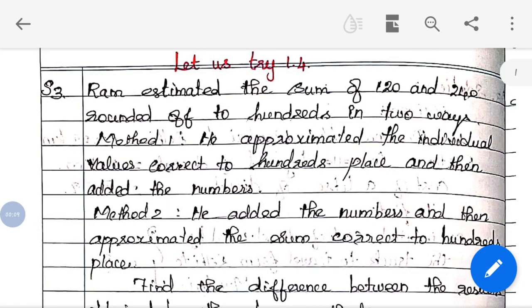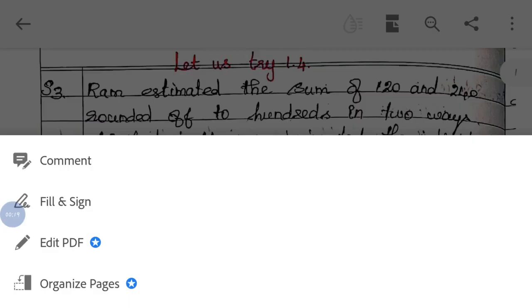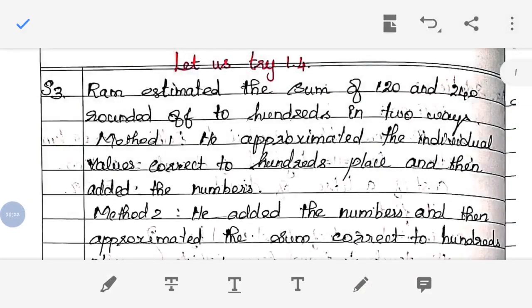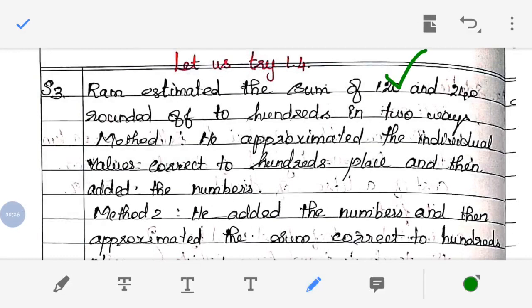Here the question is Ram estimated the sum of 120 and 240 rounded off to hundreds in 2 ways. They have given the 2 numbers 120 and 240. For these 2 numbers we have to find out the total. Ram found out the total, that is the estimated total.